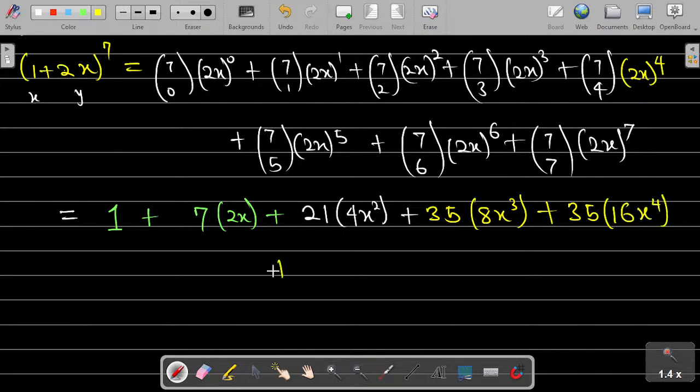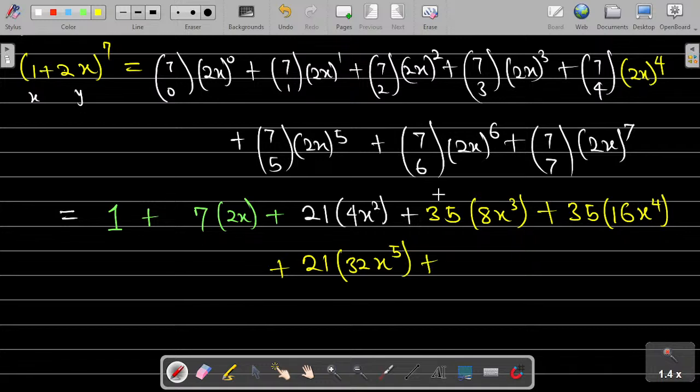Then plus, come over here. 7 combination 5 is the same thing as 7 combination 2. And what did I get there? That's this one, and I got 21. So you have 21 into 2 raised to the power 5, which is 32, and then x raised to the power of 5.